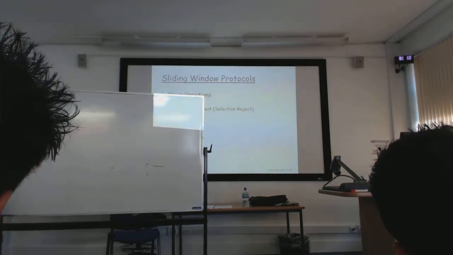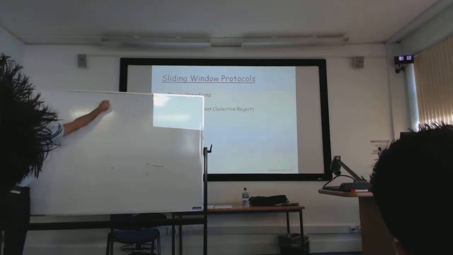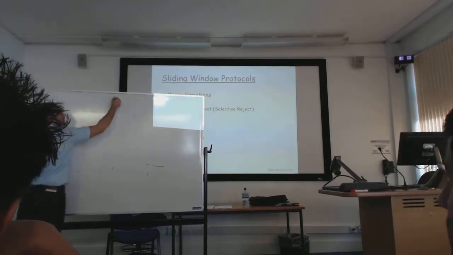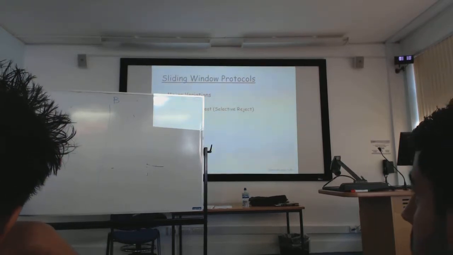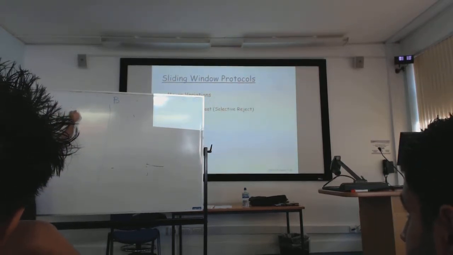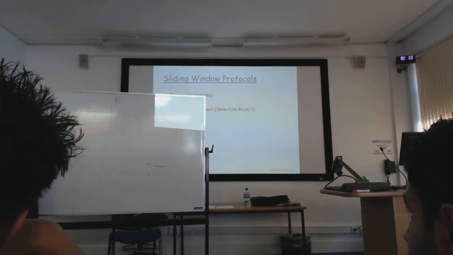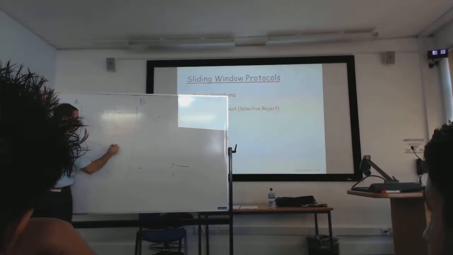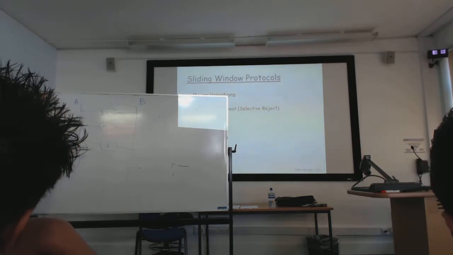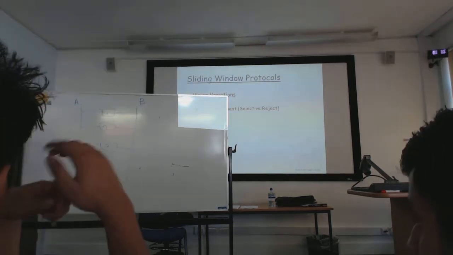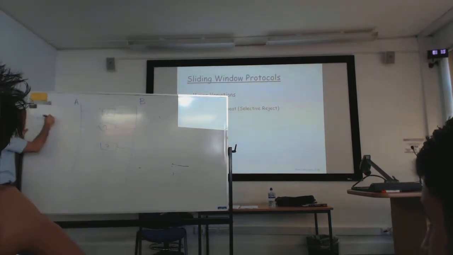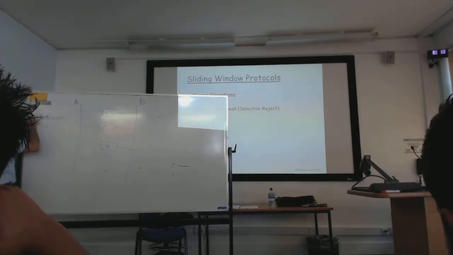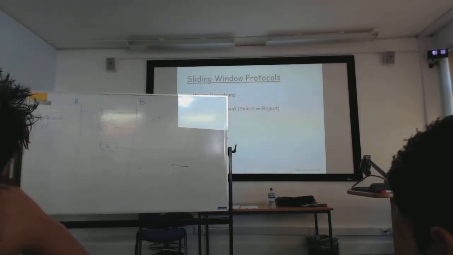Let's assume you have 2 devices communicating with each other, A and B, and you send 3 segments, 1, 2, 3, arriving. Okay? Let's say I'm using go back N as my error recovery strategy.